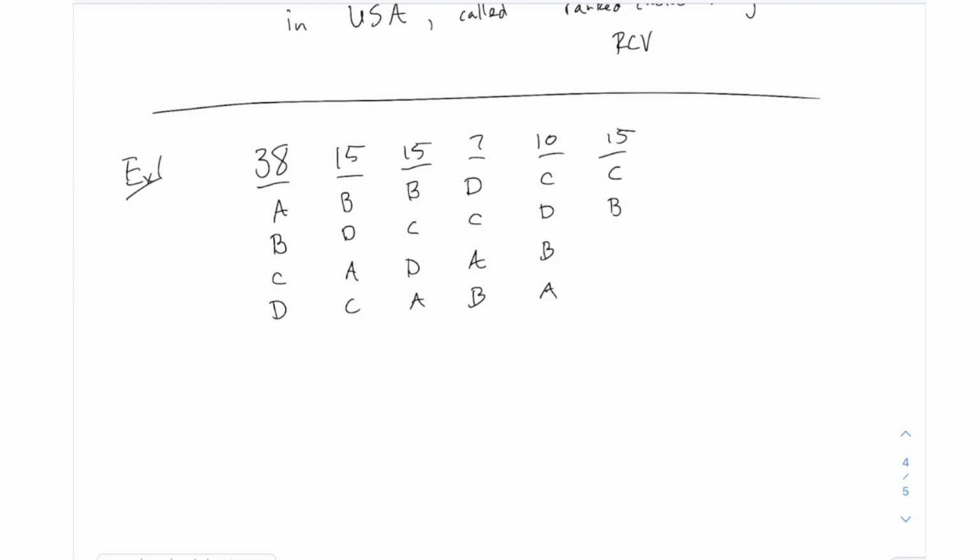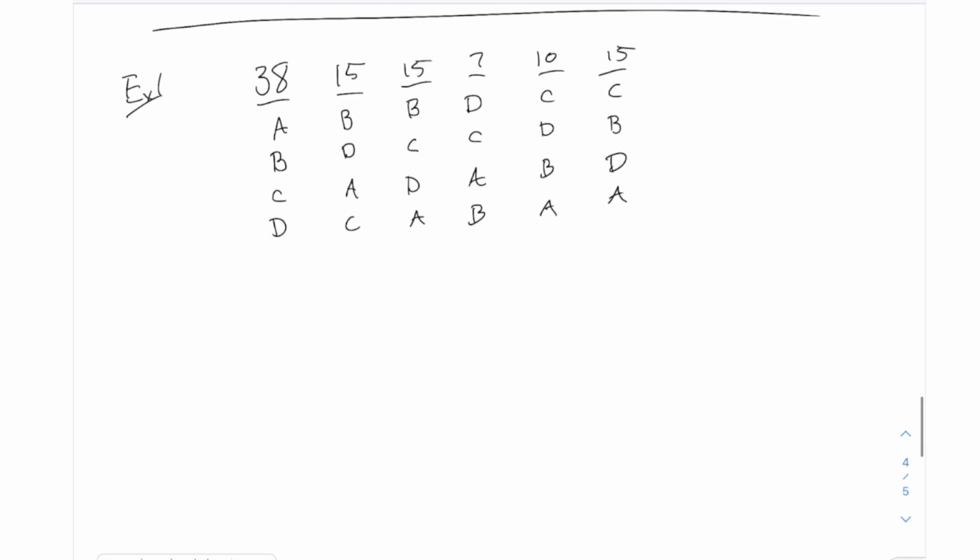All right. Now, how are we going to do it? I'll try to describe it in words here, and then we'll actually do it. We do it in rounds, right? And in each round, you begin by writing down the plurality vote totals by just looking in the first position.